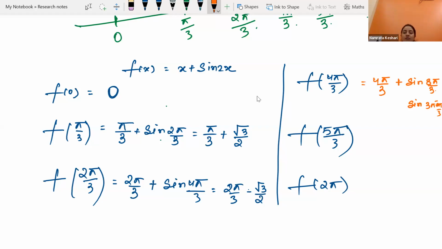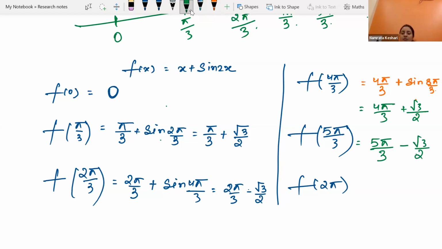So here also we will be having positive only. Are you getting it? Yes. Any confusion, Fatima? No, no. Okay. Next one. You can understand we'll be getting negative over here. Are you getting the idea? Yes, ma'am. Okay. We can write directly also 5 pi/3 minus root 3/2, right?